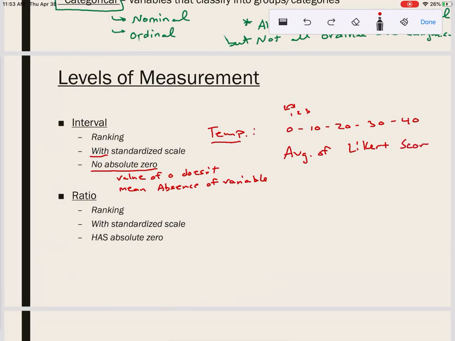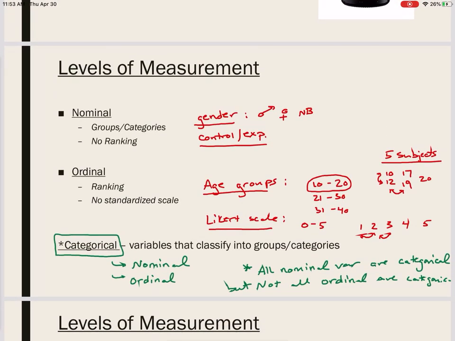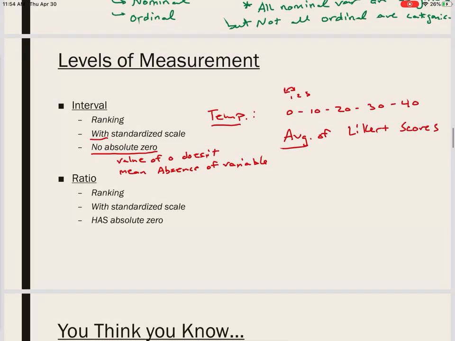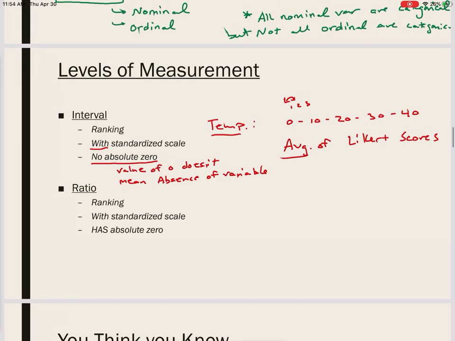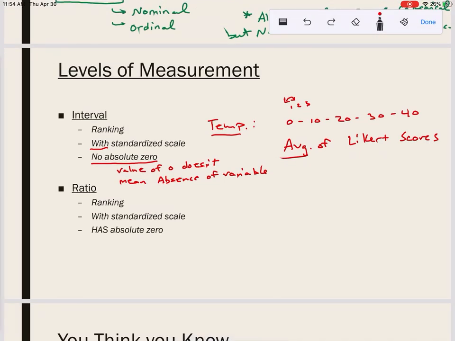Another example of an interval level of measurement would be the average of Likert scores. And this is a little tricky, because we talked about the Likert scale itself as being ordinal, because there's ranking, but there's no standardized scale between them, because people subjectively define things differently. But it's common that if you have different groups that you're measuring, you might actually take the average of Likert scores.